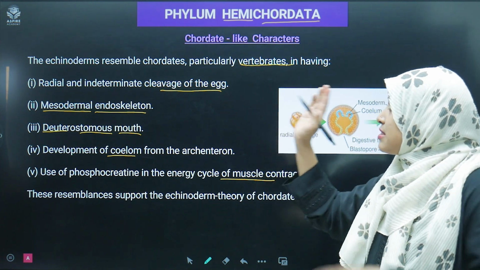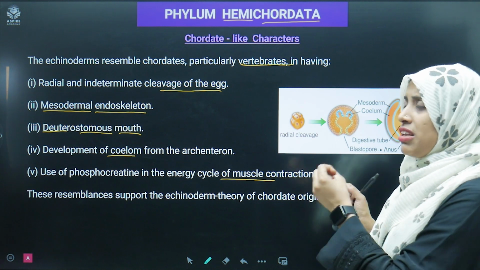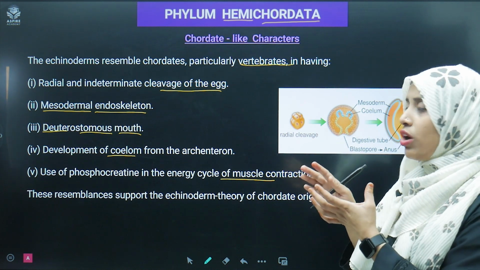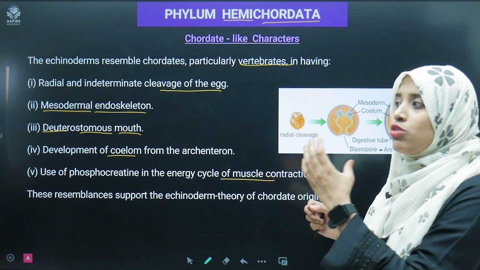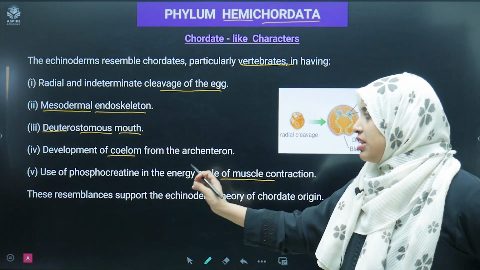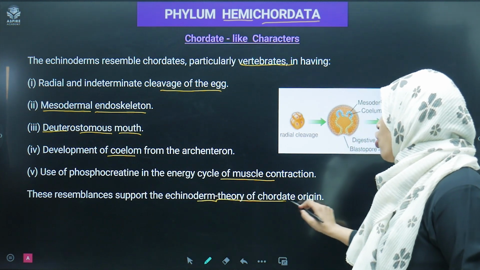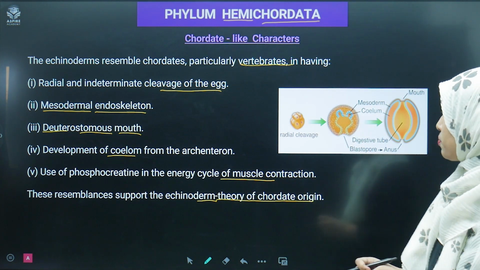Since hemichordates come just after echinoderms, most of the characters will be similar to echinoderms, which means their origin is from echinoderms. Okay, so these are the resemblances that support the echinoderm theory of chordate origin.